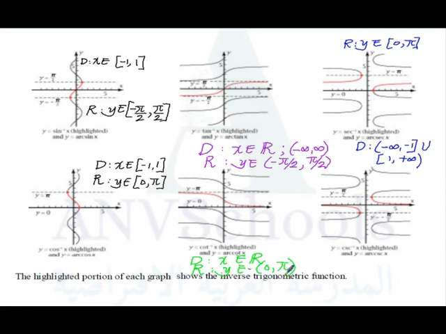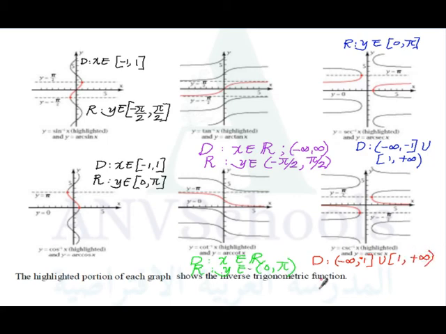Okay, now for the cosecant function. The cosecant function has a domain which is similar, or the same as the domain of our inverse secant function. So the domain here is equal to negative infinity going to -1, in union, 1 to positive infinity.